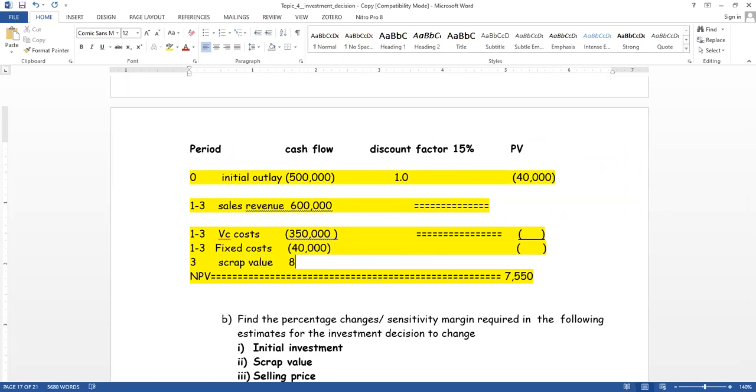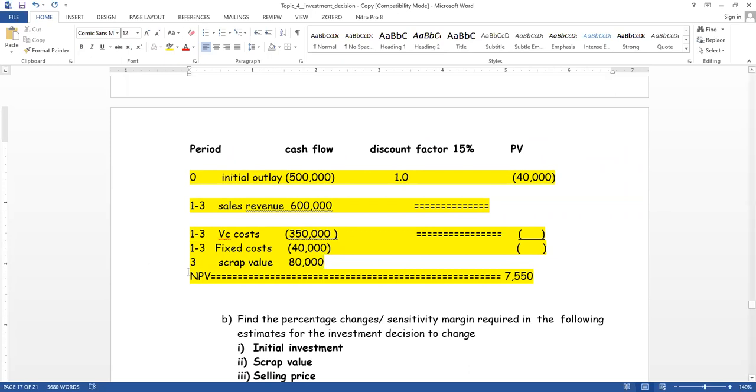So I will have scrap value, and it is 80. And this scrap value, of course, is an inflow because money is coming in. That is what you're obtaining from the equipment after scrapping it off.